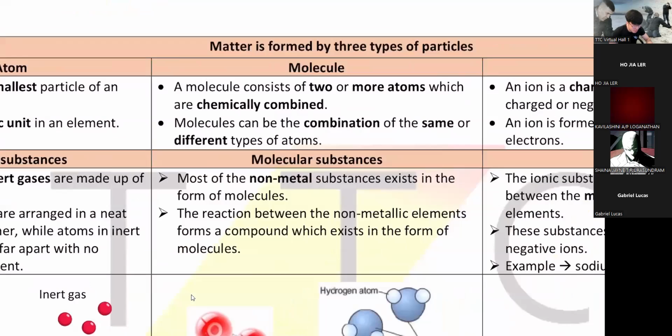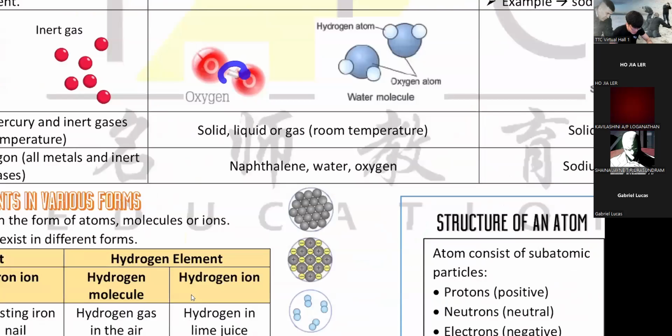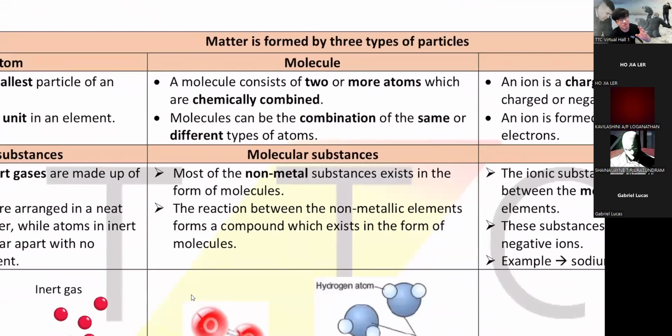When you put two atoms together, when you have two or more atoms which are chemically combined, we call it a molecule. They become friends, joined towards each other. So that is your compound, if you remember.